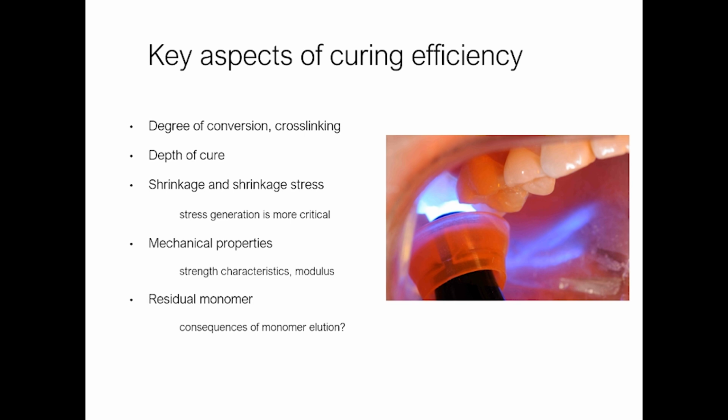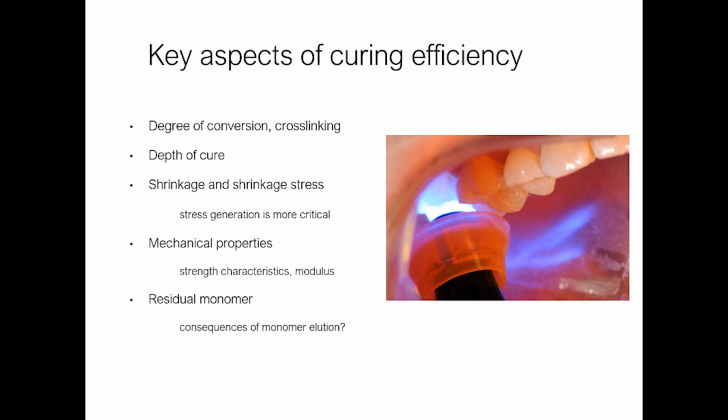So we talk about things like degree of conversion, so the amount of monomer that is converted to polymer, the amount of cross-linking of the resins themselves. How far light penetrates through the material is also very important, because that in turn affects the amount of conversion at depth. And what should be avoided at all costs is undercuring throughout the depth of the restorative material.